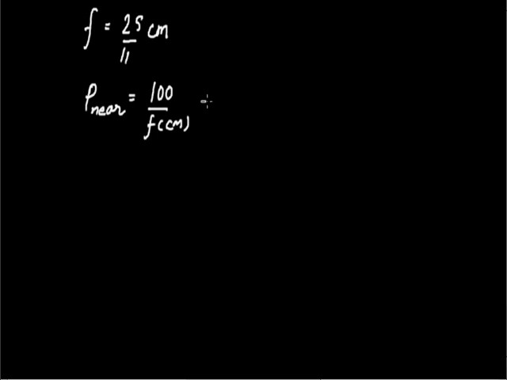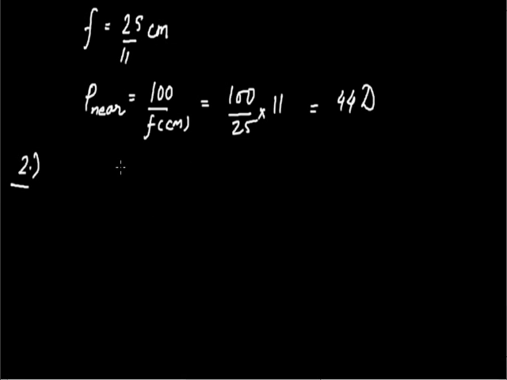Here we get the value of f as 25 upon 11 centimeter. Corresponding power can be calculated for the near point. It will be 100 by f if you are using the value in centimeter. It will be 100 into 11 upon 25, that is 44 diopter.